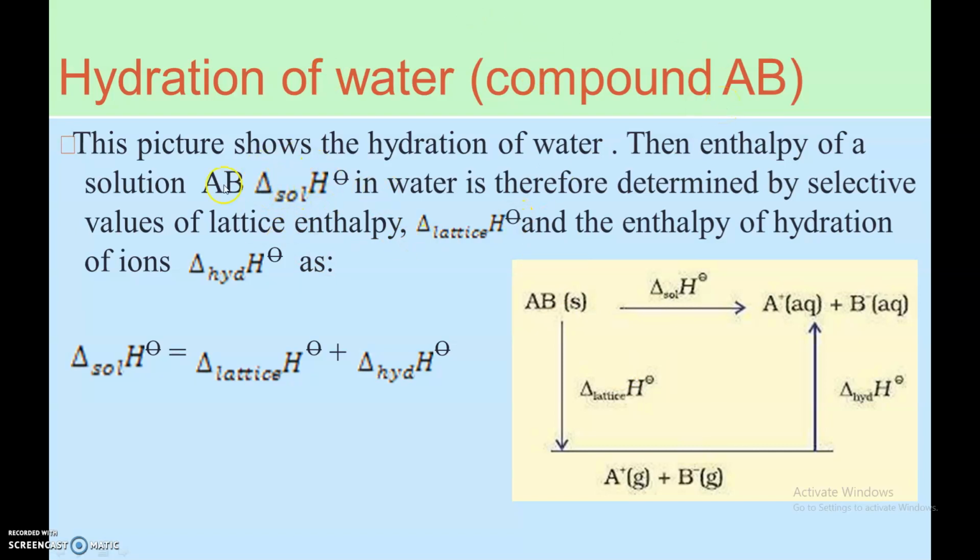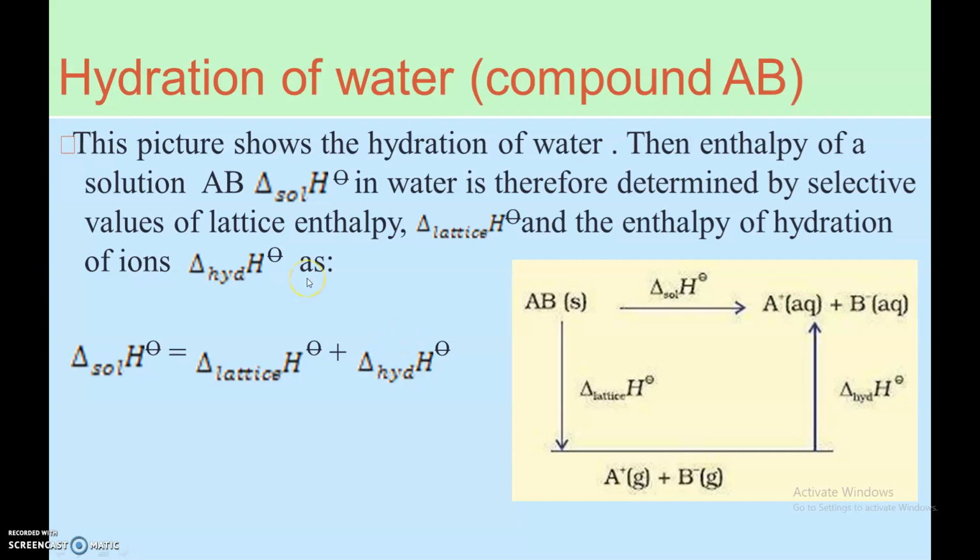So enthalpy of solution is denoted by the symbol delta H solution theta. It is determined by how AB will dissolve in water. So there are certain values for lattice enthalpy. The enthalpy of solution is equal to delta H lattice plus delta H hydration.